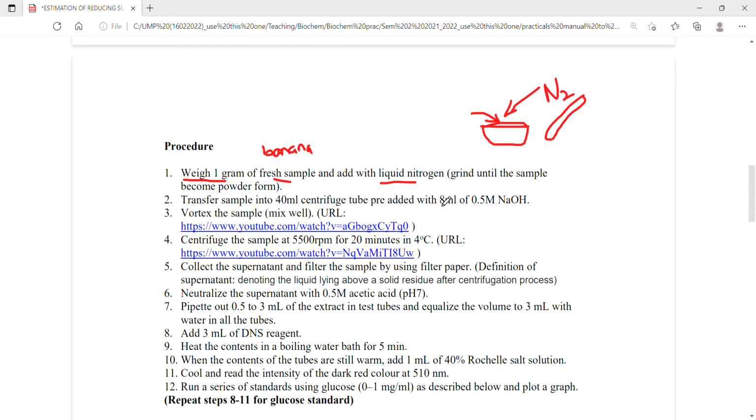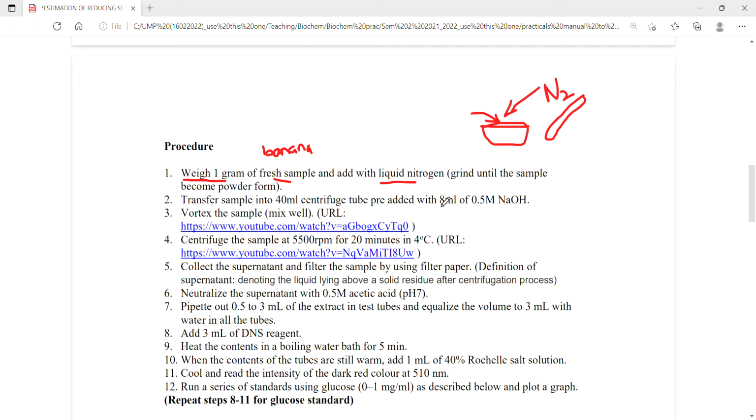This needs to be done with caution because it's quite a hazardous liquid. If it drops on your fingers, it can freeze them, and if you accidentally tap your frozen finger, the consequences are quite worrying.